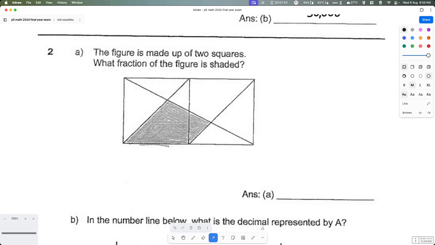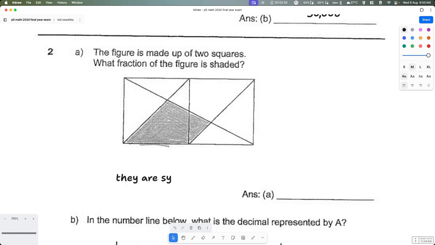So you see over here, can you tell that they are symmetric?